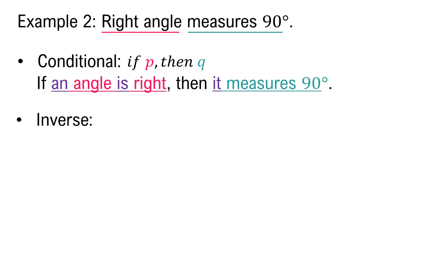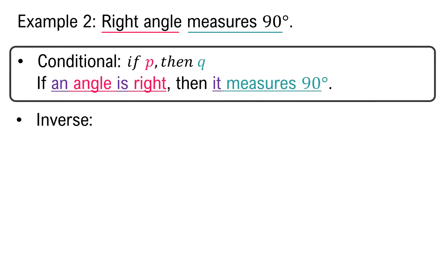Next na gagawin natin is we're gonna write an inverse statement based dito sa conditional statement na binigay sa atin kanina. To write this in inverse statement, we can rewrite yung statement natin, if not P, then not Q. So, take note, pag sinabi natin inverse, we're gonna write yung negation ng ating hypothesis at conclusion.